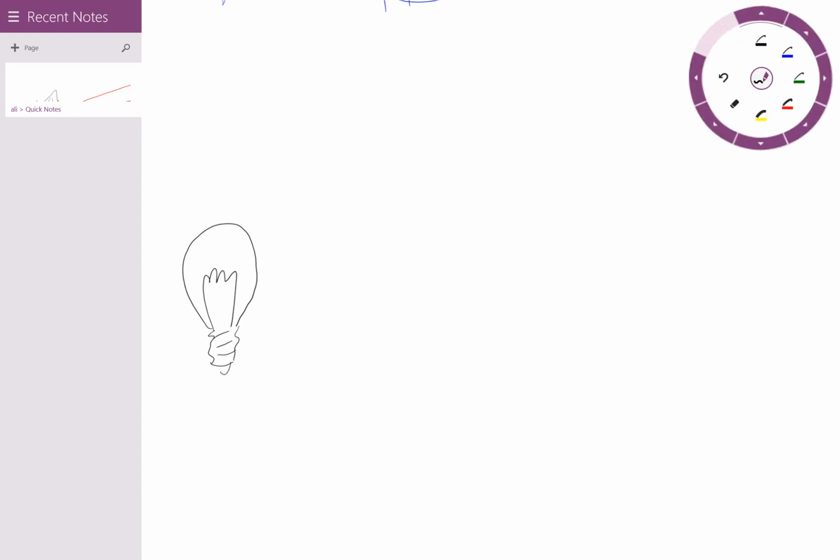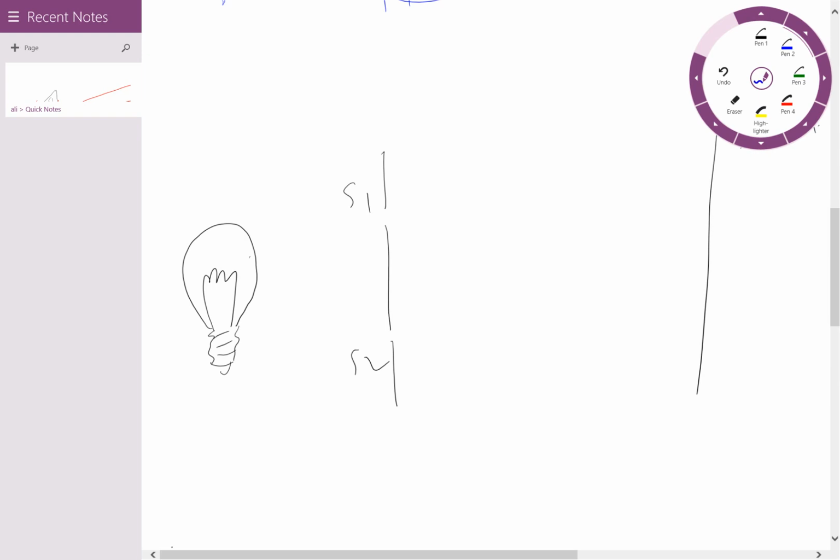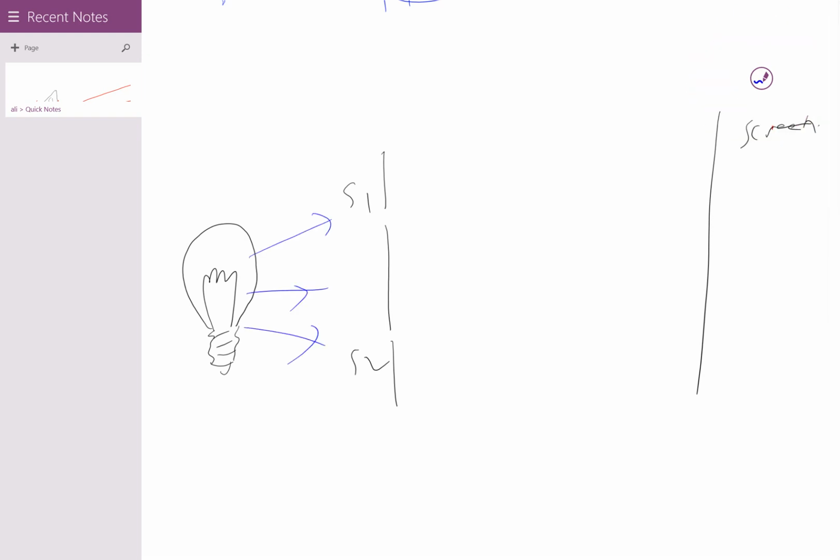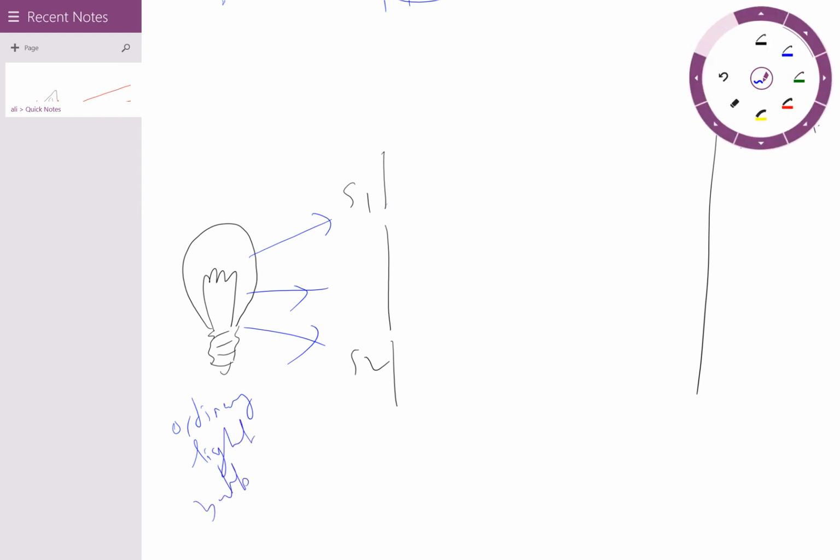Let's return back to our source, which emits the blue light. This is the screen here, and I have said before, this source emits blue light of constant frequency. Therefore, S1 and S2 act as synchronous sources. Suppose this is an ordinary light bulb that emits blue light.